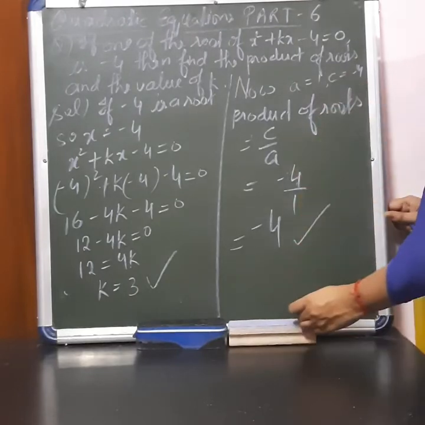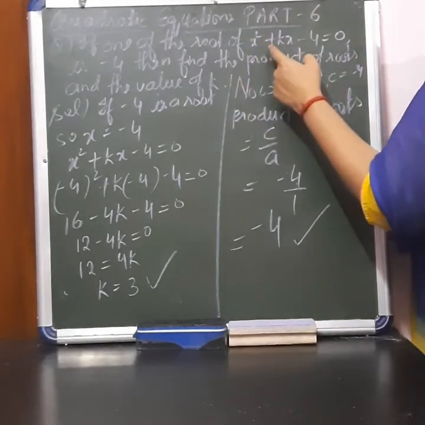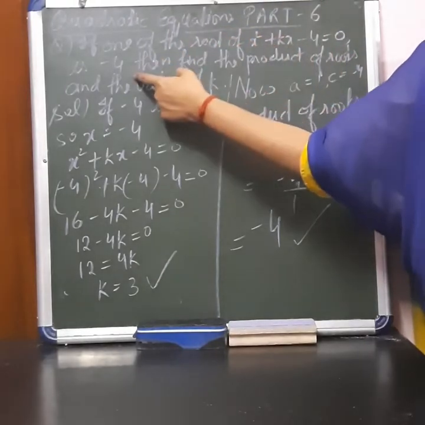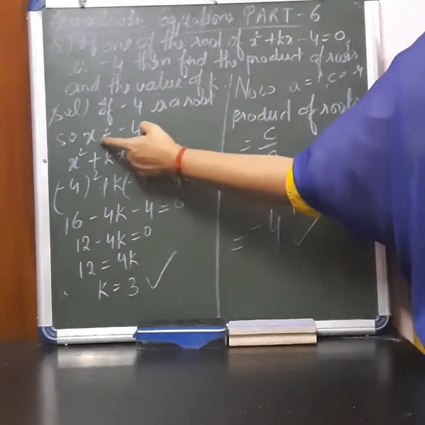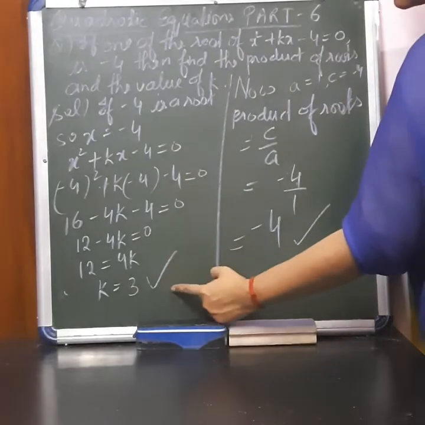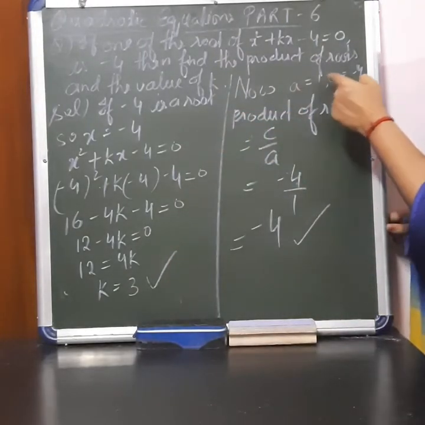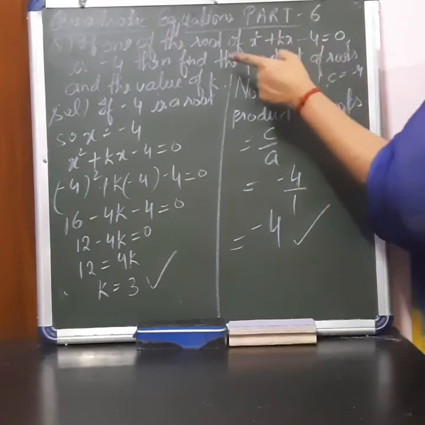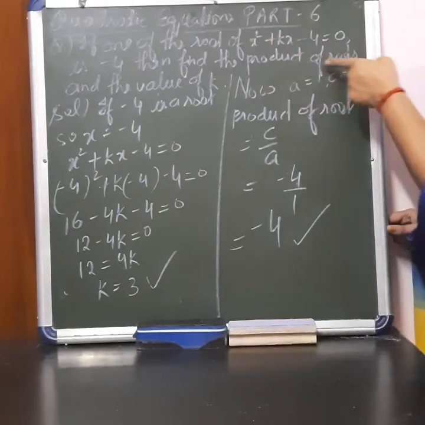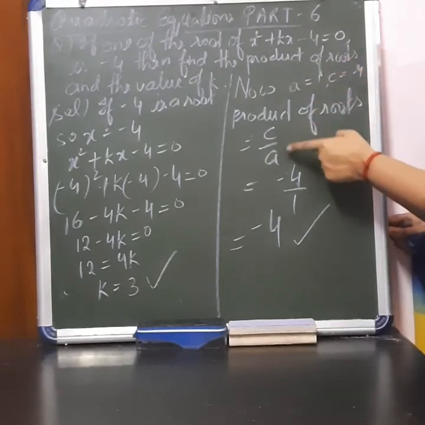What have we done in this question? What is the condition? One root is given, that is minus 4. So we put the value x is equal to minus 4 in the given equation and find the value of k. Then you will find the values of a, b, c. In the second part they are asking for the product of roots, and by the formula the product of roots is c upon a.